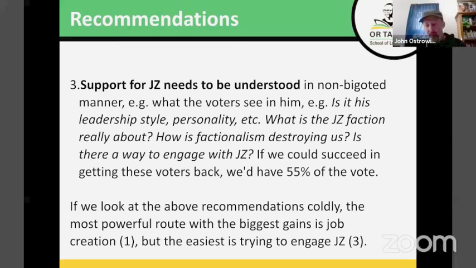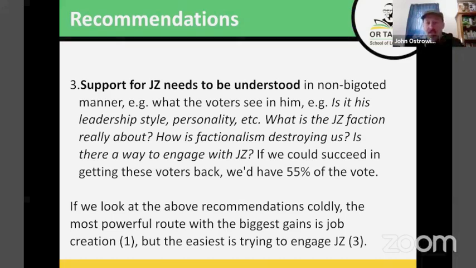And how is the factionalism around him destroying the ANC, and what can we do about that? Is there a way to engage with him and or MK in a constructive way that doesn't involve onboarding some of their, shall we say, more controversial positions like anti-constitutionalism? So if we could succeed in getting those voters back, we'd have 55% of the vote. In other words, we'd be back roughly where we were in 2019.